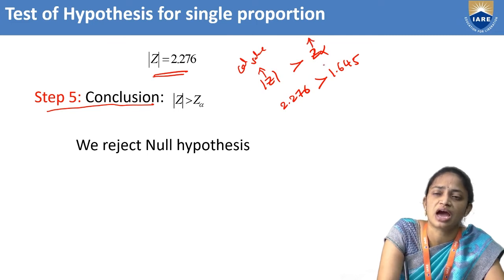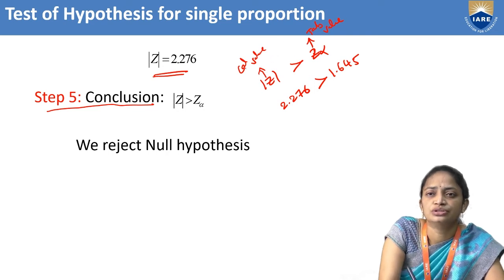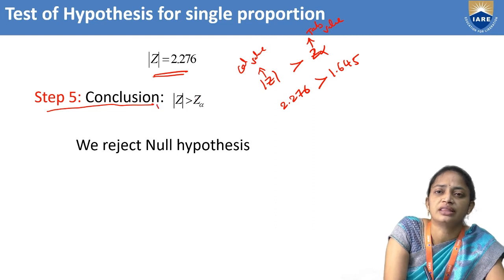If alpha is 0.05 in a right-tailed test, that will be 1.645, so this is the tabulated value. Observe carefully: the calculated value is greater than the tabulated value, that means modulus of Z greater than Z alpha.